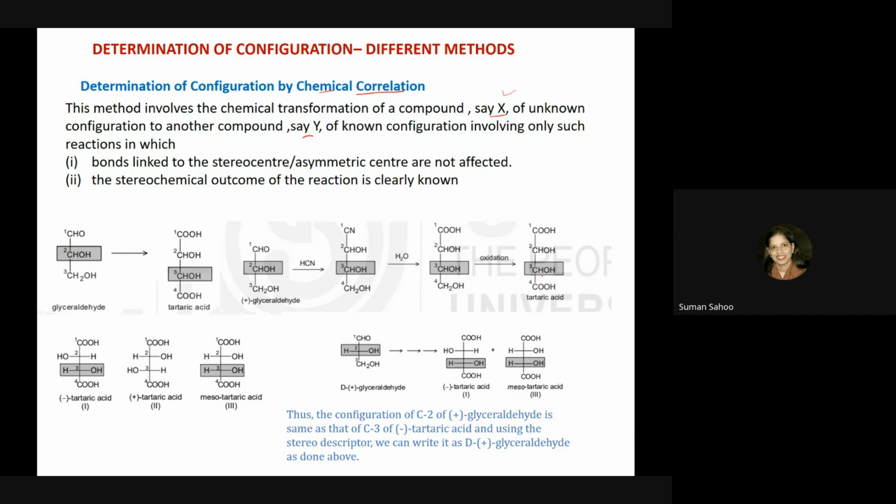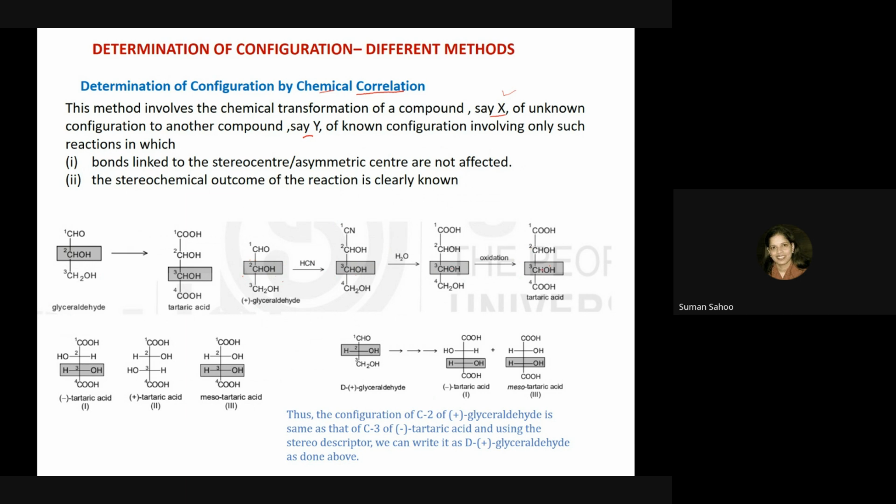As you can see in this chemical conversion, this is carbon number 2, and here it becomes carbon number 3 because of the naming. There is no change at this carbon center, so its configuration is also going to remain the same.